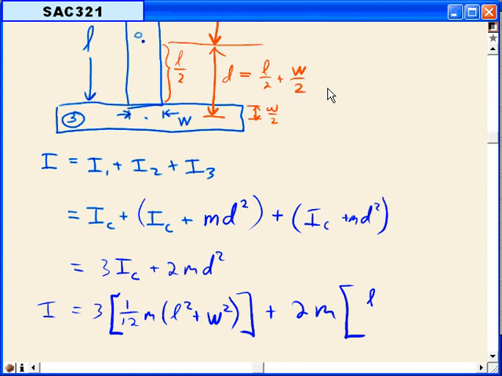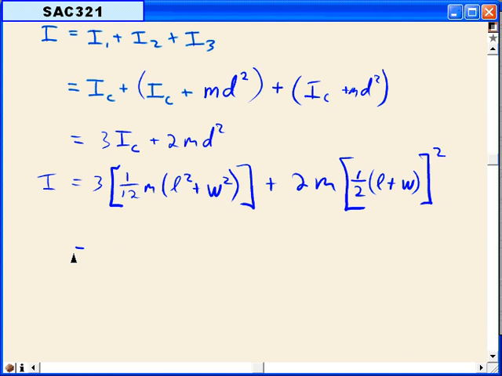I'll write that as one half of (L plus W). And then this all has to be squared.